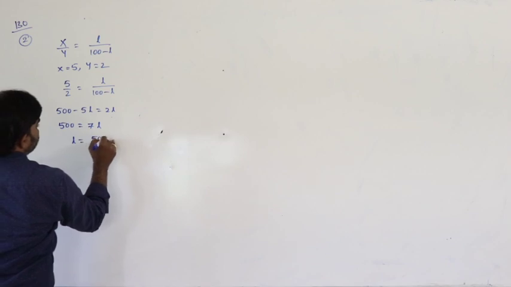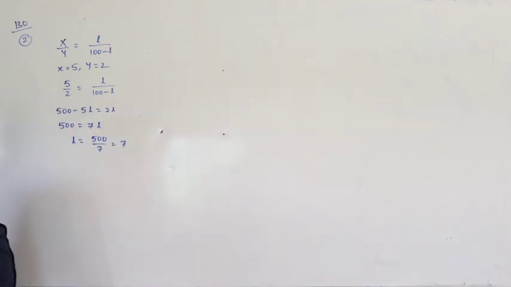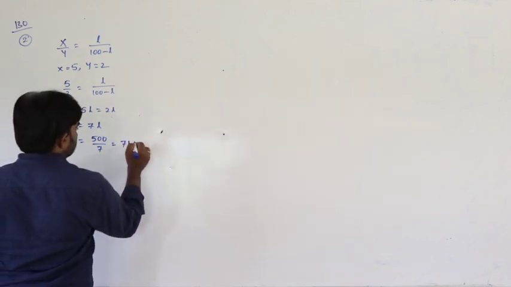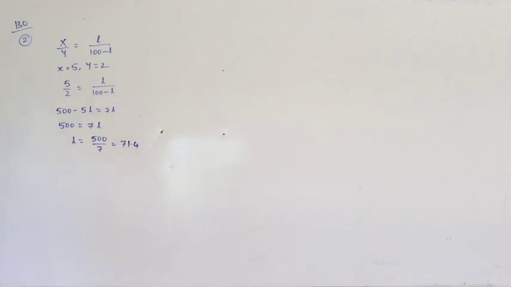Balancing length is 500 by 7, which is approximately 71.4.